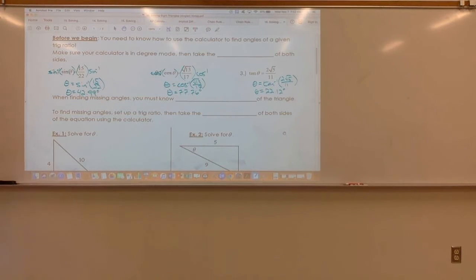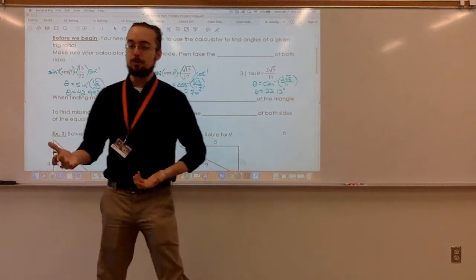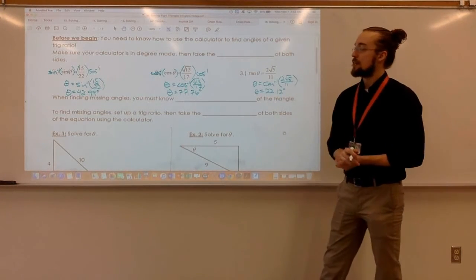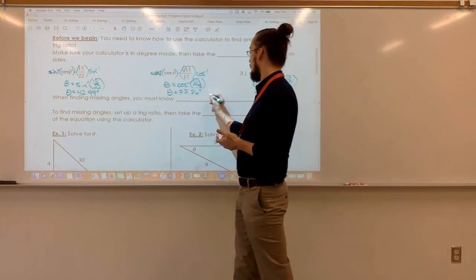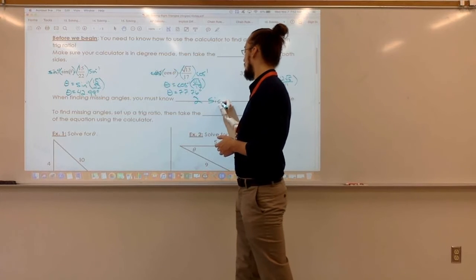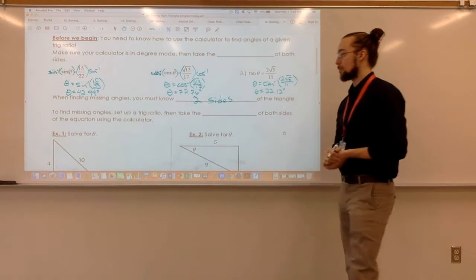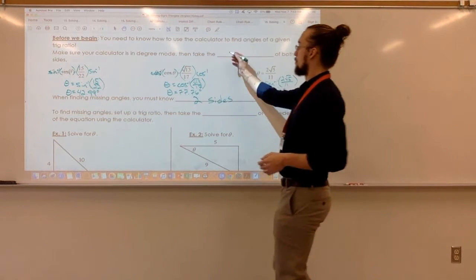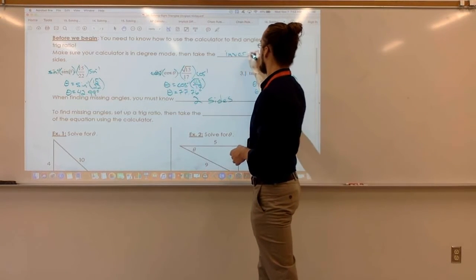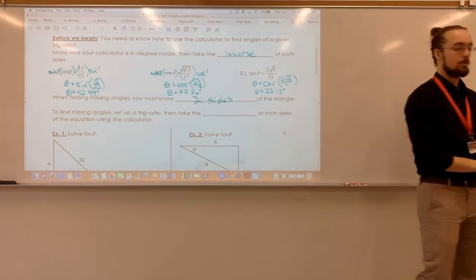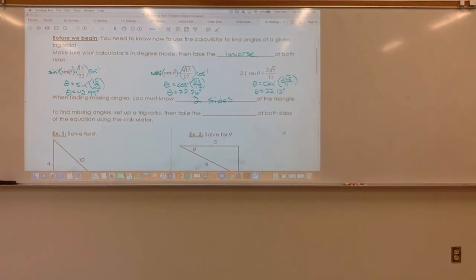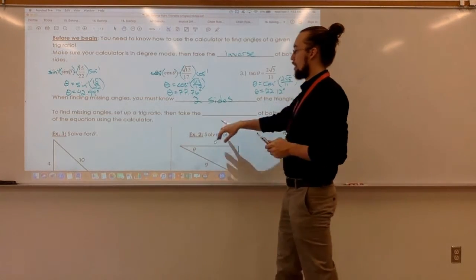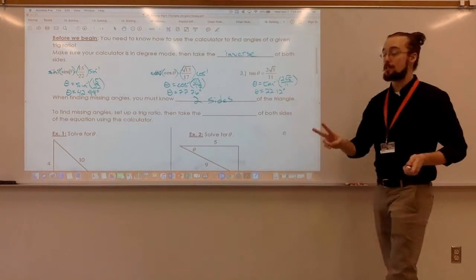Alright, so let's actually look at some triangles now and solve for some missing angles. When finding a missing angle, we have to know at least 2 sides of the triangle.